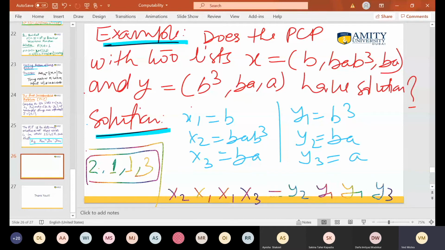So is it coming 2113 or not? 2 means x2, 1 means x1, 1 means x1, 3 means x3, equal to y2, y1, y1, y3. So both sides we have written this. Now you will say how it is the same.